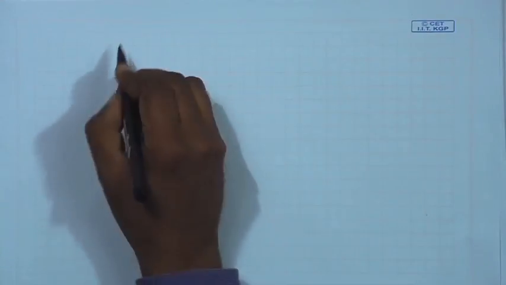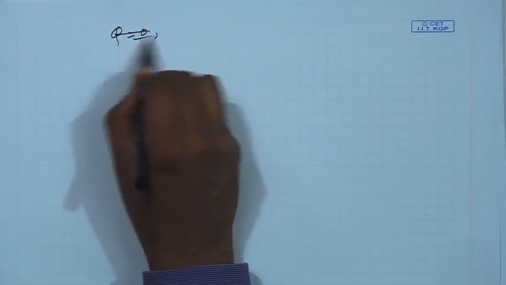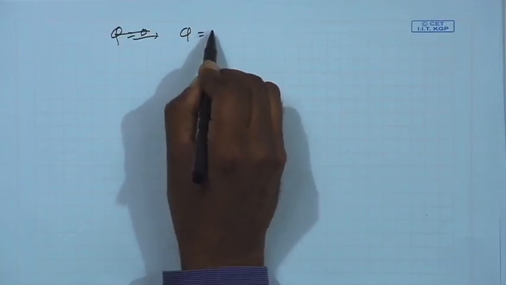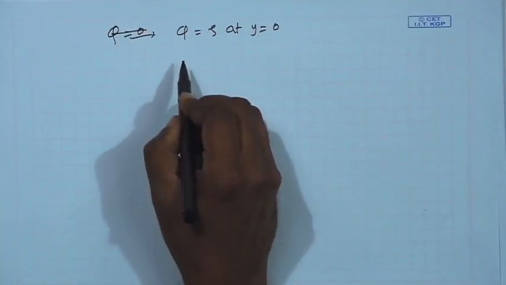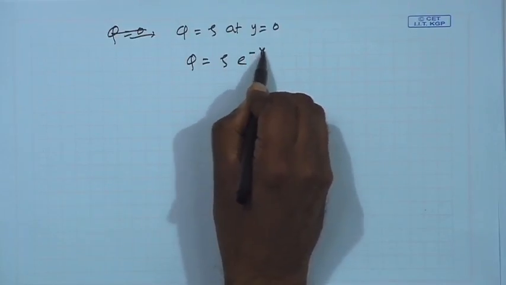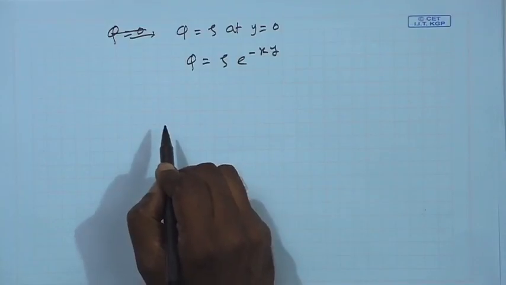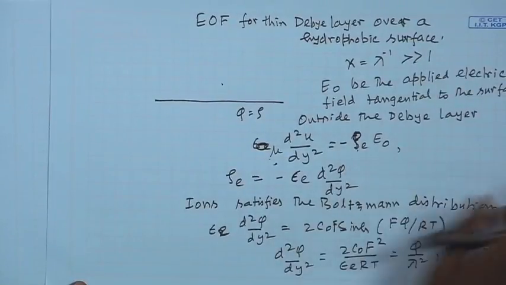So phi equals zeta at y equal to 0, that is on the slipping plane, and phi goes to 0 far away. So what I can write is phi equal to zeta e to the power minus kappa y. So this gives you the momentum equation.